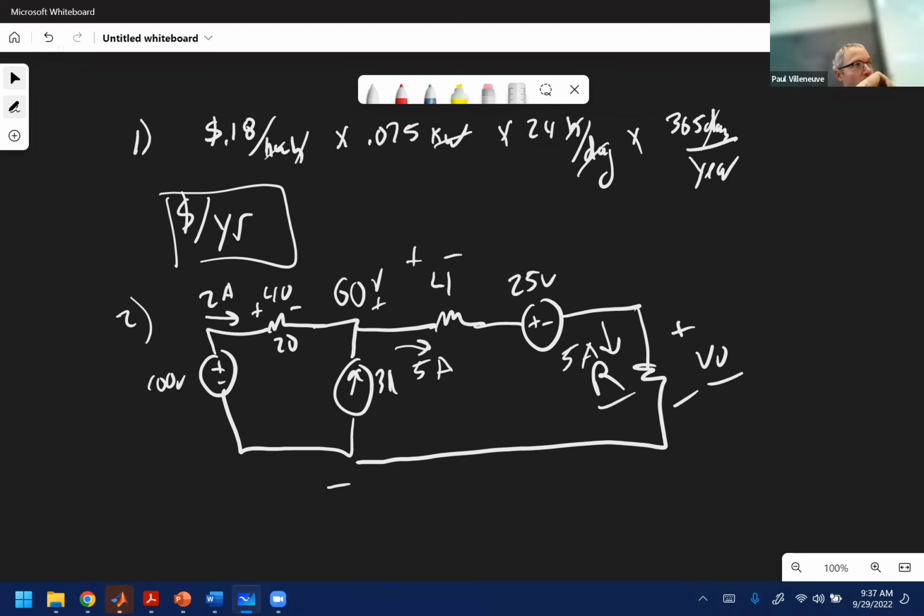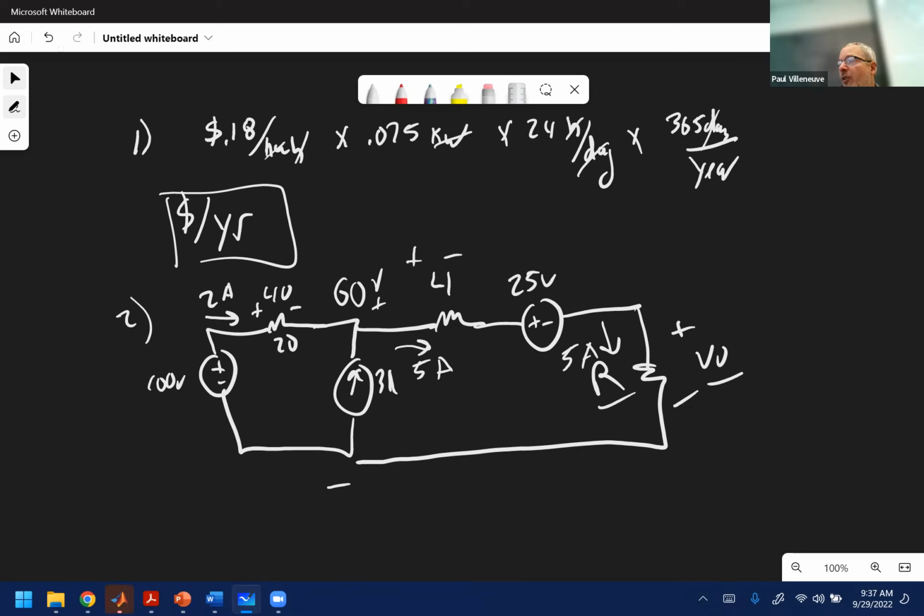So you did have to include all the elements, because that was the reason why it determined 2 amps, but that resistor value R is what you needed to select to get 200 amps out of the 100-volt power supply. Okay, that was the only thing that really, if you didn't have that, you'd never be able to solve for R, I think. Any questions on number 2?